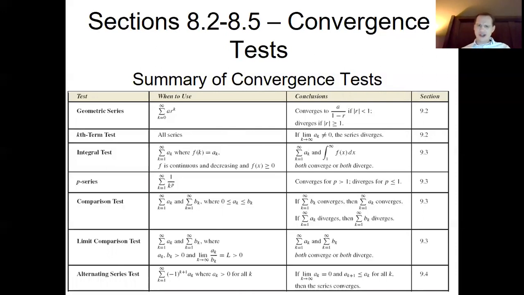That should make sense to you. If you keep adding on things forever and these things never turn into 0 or never even approach 0, then you're always adding up numbers that are finite and non-zero, and your total will just get bigger and bigger and bigger, or smaller and smaller and smaller, and it will diverge. So if the terms don't go to 0, then your series is going to go to divergence land.